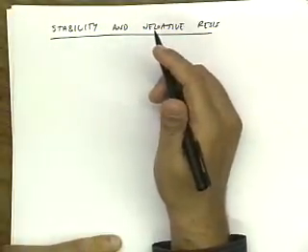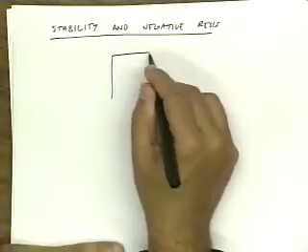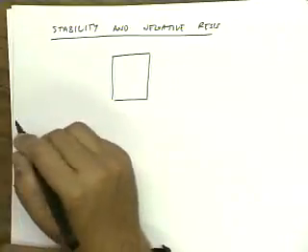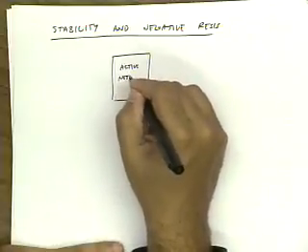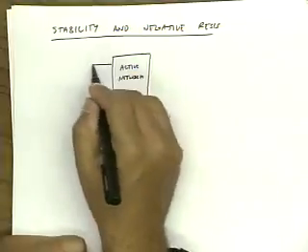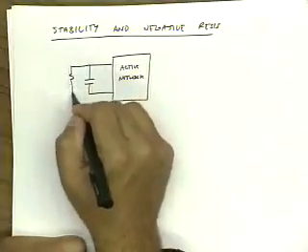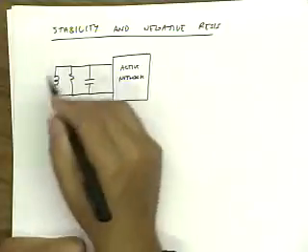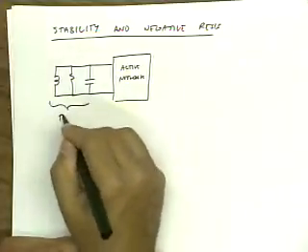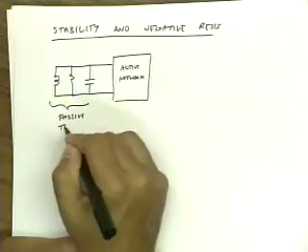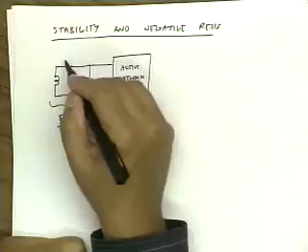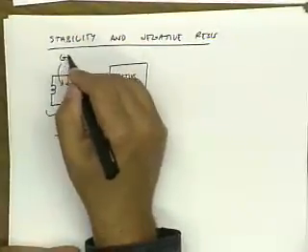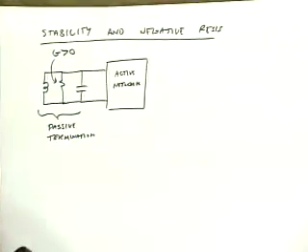So the idea is, I like to call something stable if I can take an arbitrary black box, let's say it's an active network, and I terminate it into some load. Could be like a parallel RLC load. It could be anything. So this is a passive termination. And more importantly, by passive, meaning that the real part is bigger than or equal to 0. Could also equal 0.